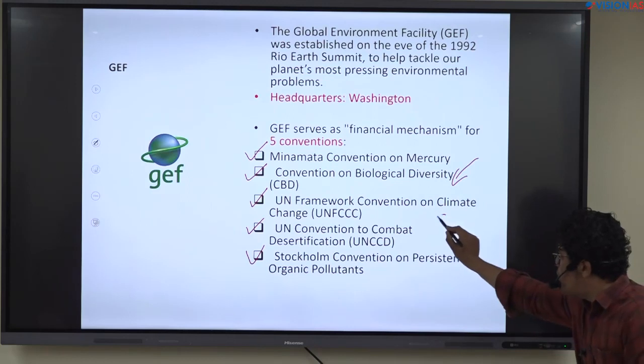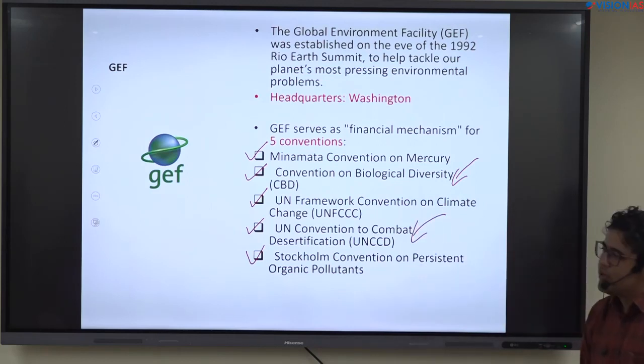India wants to have a project to control desertification, and India does not have resources. So India can take loan from them. Okay. So they provide money under 5 agreements. GCF will give money only in projects related to climate change. So these are 2 funding organizations, international funding organizations that we are looking at.